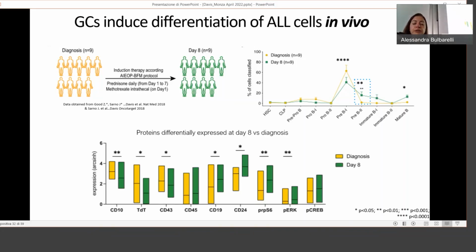And some of the phenotypic and signaling hallmarks that we expected did become different at day 8, such that cells had higher levels of CD19, lower levels of CD10, and activation of some of the downstream markers like S6 and ERK on the day 8 sample.